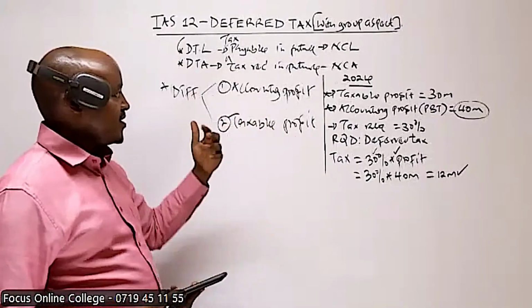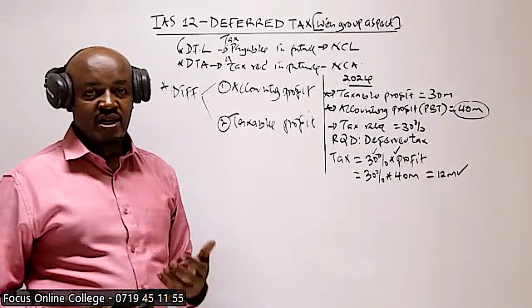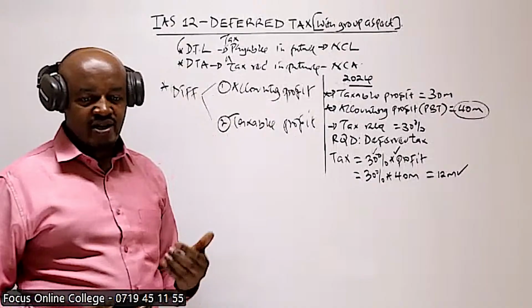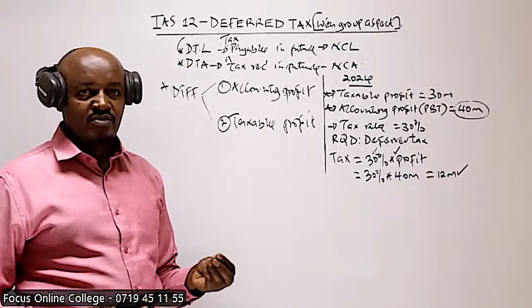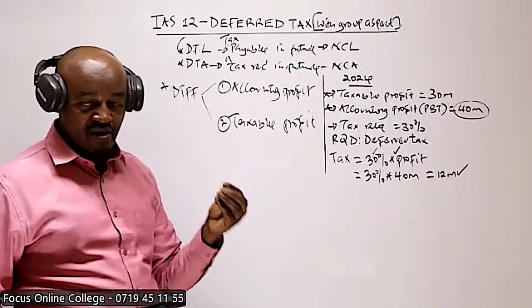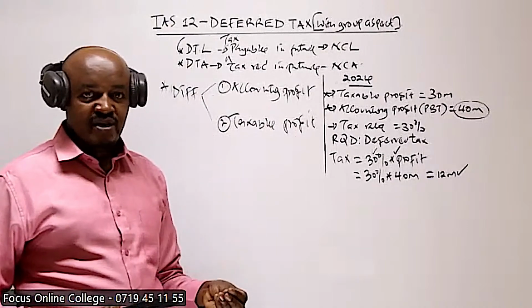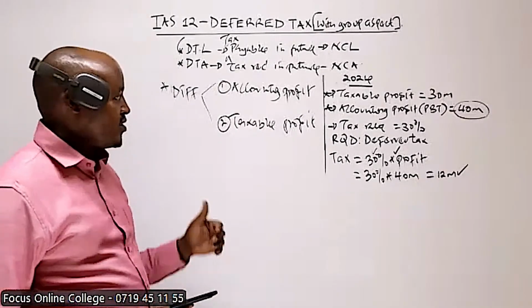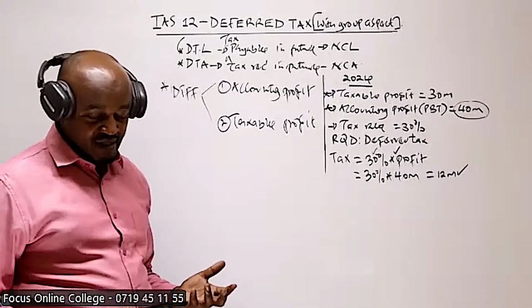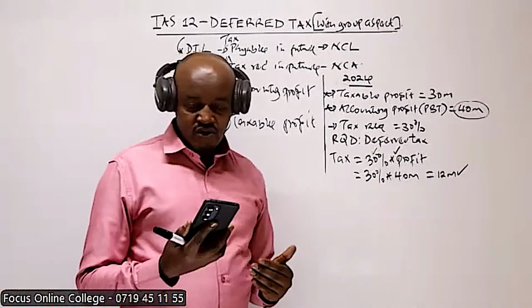The accounting profit is a profit which is computed using the accounting standards and also the various accounting policies adopted by the company. Accounting policies include things like the methods of depreciation, how the company is depreciating its assets, and so on. So if these two profits are different, that will give rise to deferred tax.